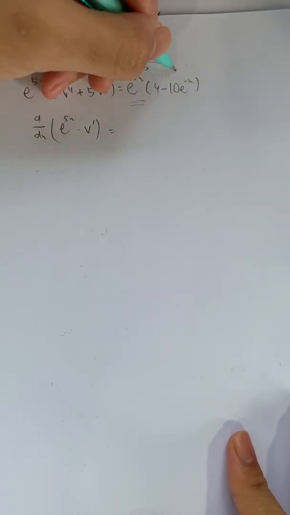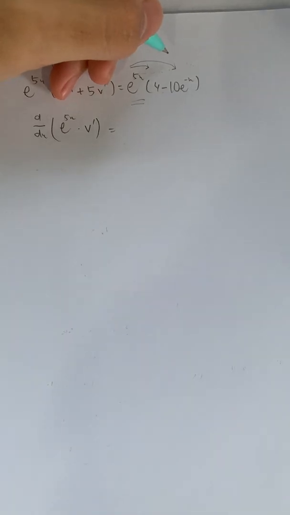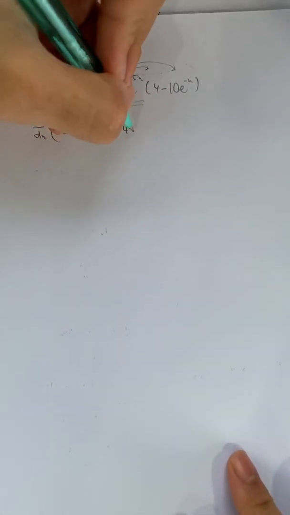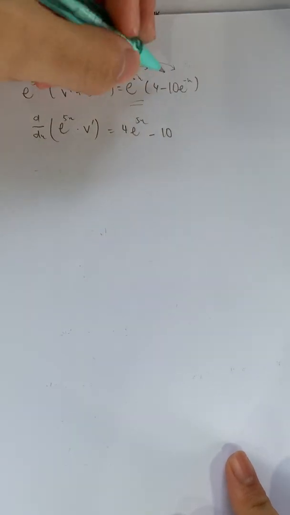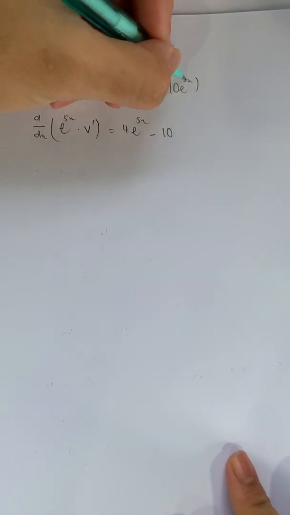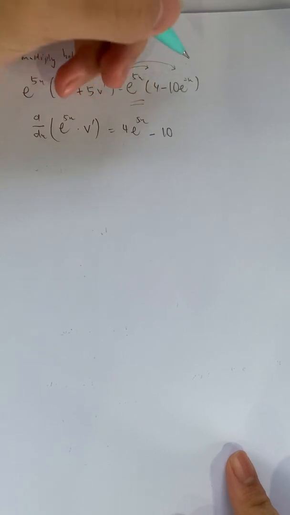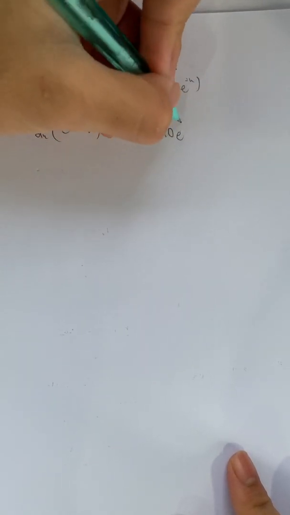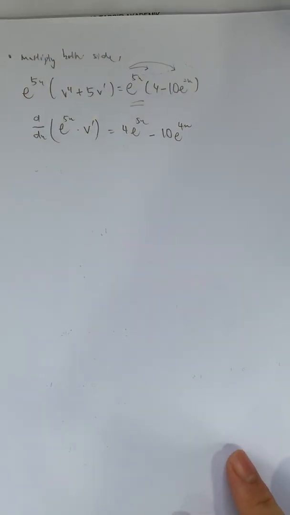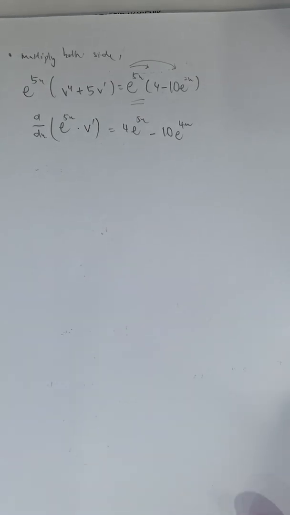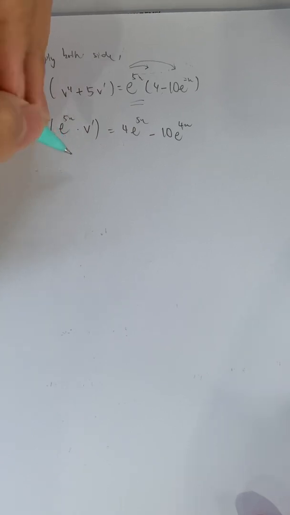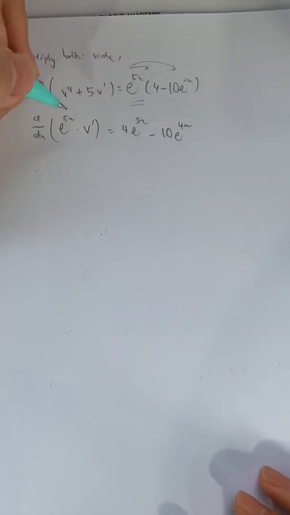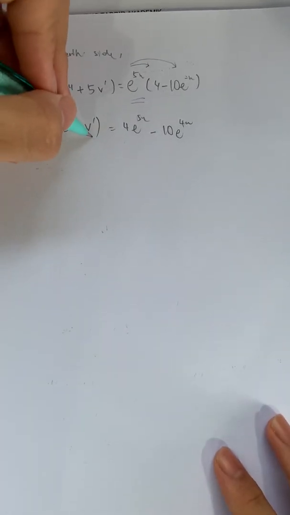We multiply into the bracket, we get 4 exponential 5x minus 10, 5x minus 1x, we get exponential 4x. Okay, next we get this. So all we have to do is we need to find the value of v.